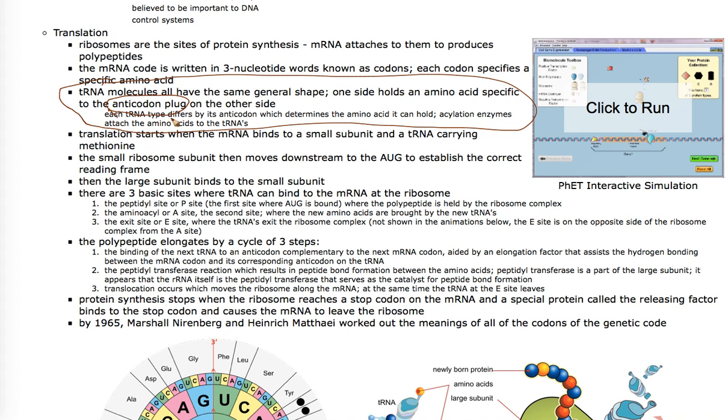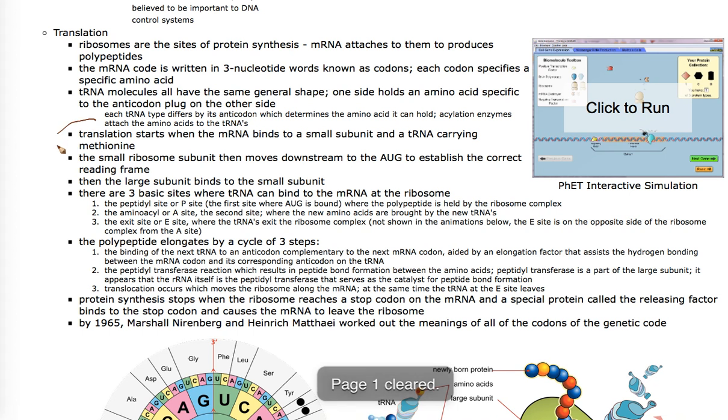Each tRNA basically differs from other tRNAs by the anticodon, and there are enzymes running around in the cytoplasm putting amino acids, the correct amino acids, onto the correct tRNAs they belong on. That's called acylation. So there are acylation enzymes in the cytoplasm. There are 61 different acylation enzymes for putting on amino acids to the correct transfer RNA molecules.